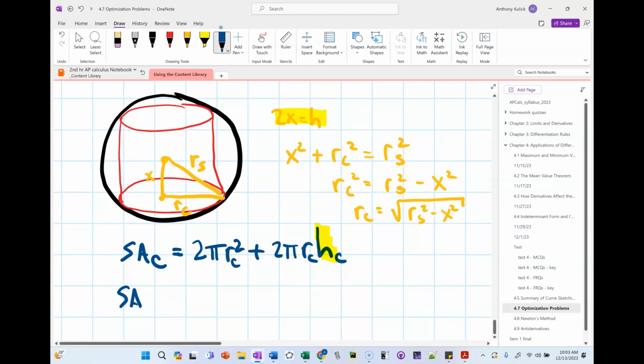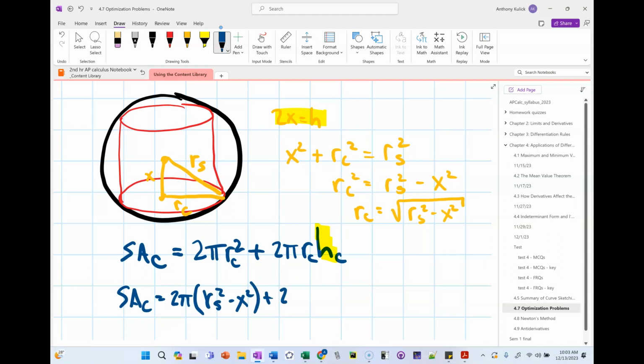So let's start subbing this stuff in. I have 2 pi, and then instead of r squared, I'm going to have rs squared minus x squared, plus 2 pi times the square root of rs squared minus x squared, times 2x.